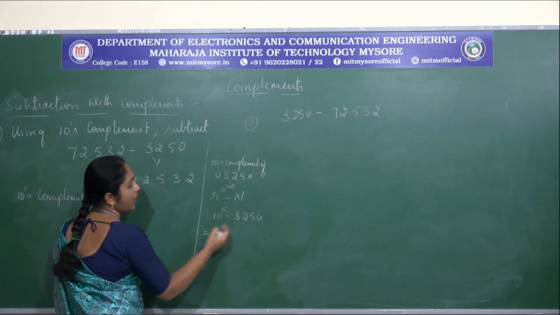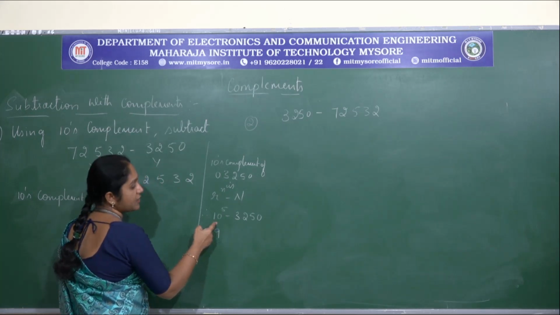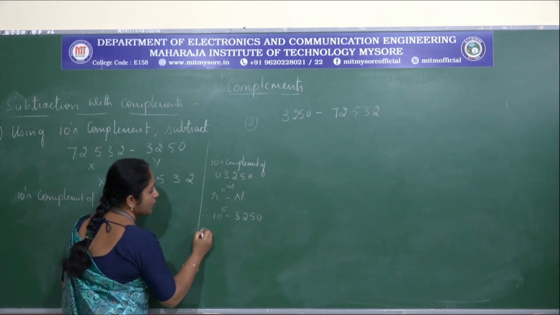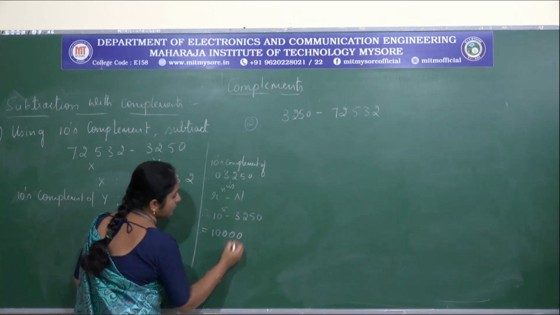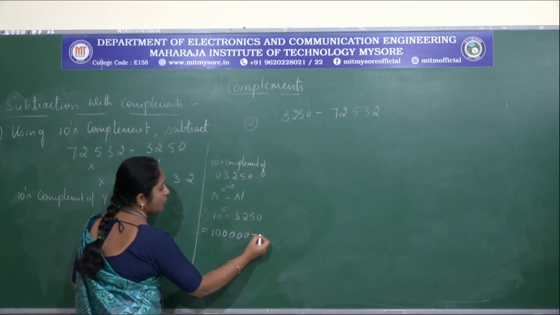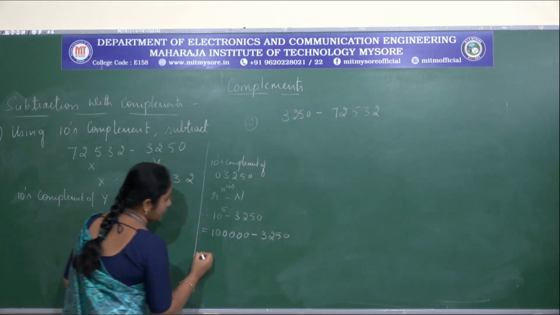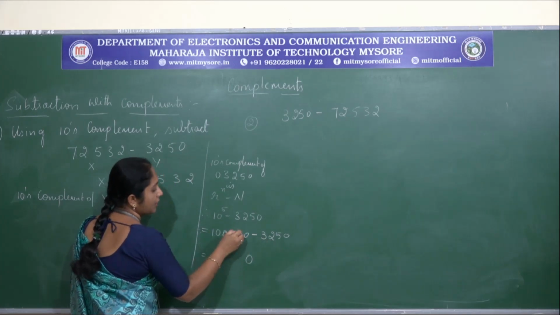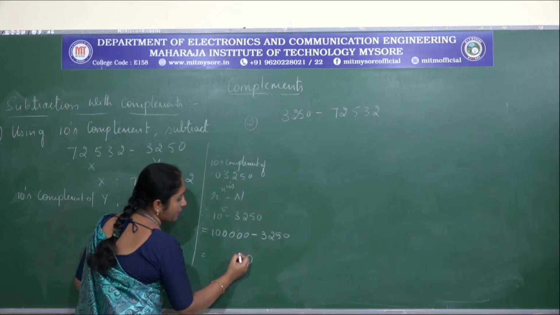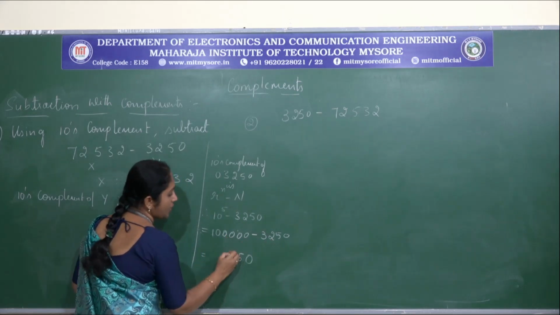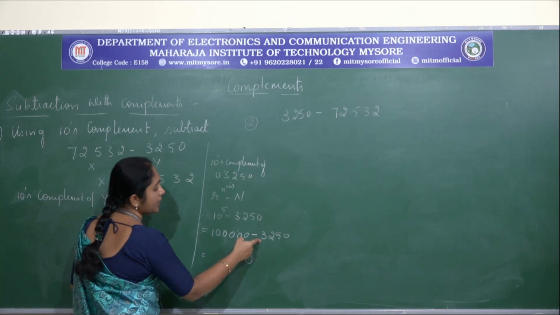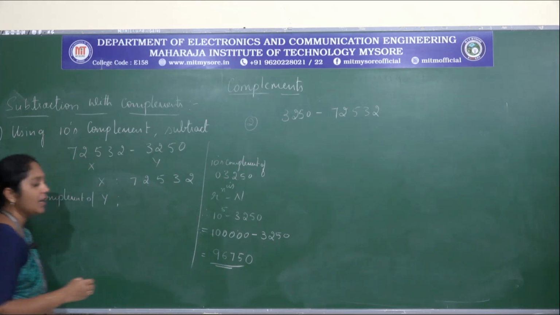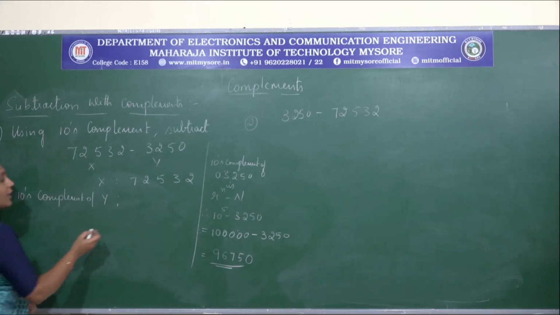Let me expand this; we need to add one more 0 to 03250. In the subtraction, 0 minus 0, next we have 10 minus 5, which is 5, next 9 minus 2, which is 7, next 9 minus 3, that is 6. So this is the answer. Let us consider that.